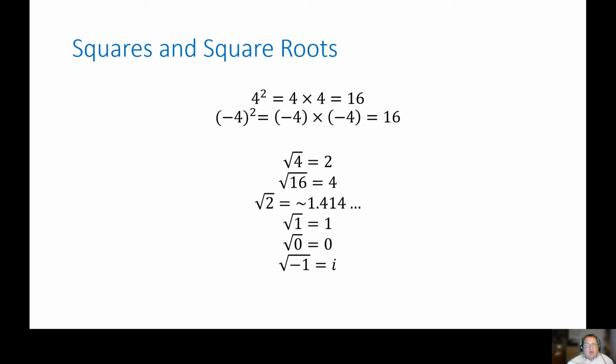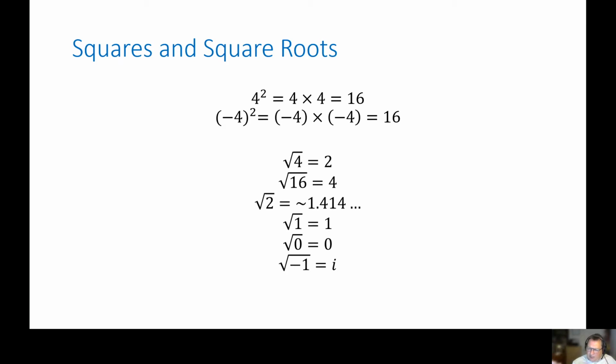Square root of negative 1, I wrote here the result, it's an i. i is a so-called imaginary number. Imaginary number because it's not a real number. There's no real number that you could square and get negative 1 or any other negative value. This is because if you take any positive number and square it, of course the result will be positive.